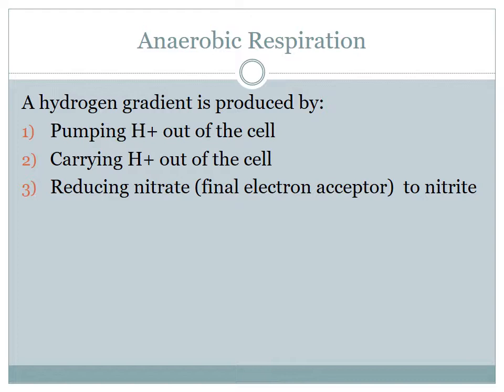Now, into this bulge, you've got a series of transmembrane proteins. You're going to use energy. You're going to use NADH that's made from the breakdown of glucose to push hydrogen across this barrier. And in the end, you're going to convert nitrate to nitrite.